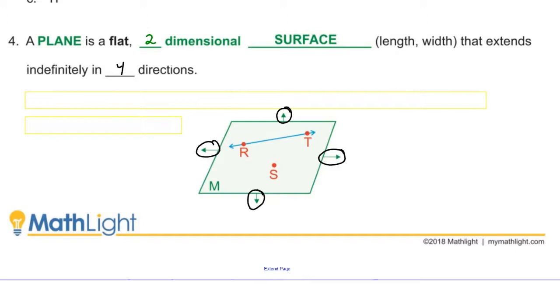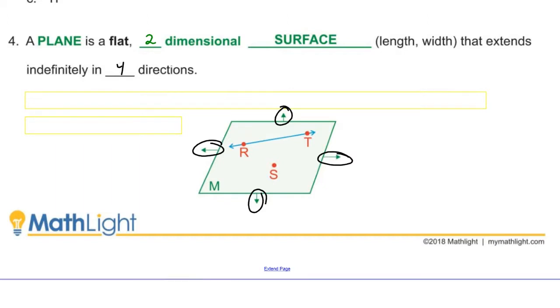And so we always put a boundary, and we usually use a parallelogram to represent a plane. And again, those arrows usually are not there, right? But the plane goes on forever in this direction, that direction, and in all 4 directions.